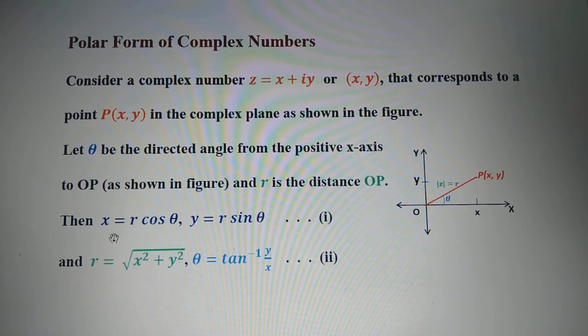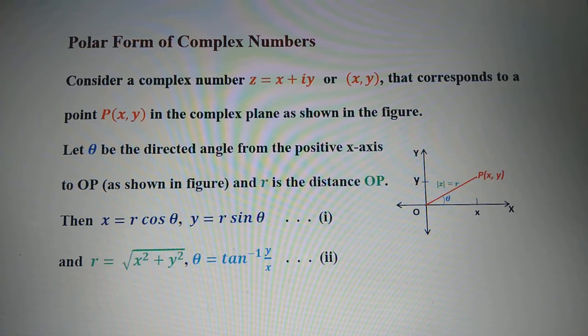So we have x equals r cos theta, y equals r sin theta, and r is equal to, if you square these two equations and then take the sum, x square plus y square equals r square cos square theta plus r square sin square theta. Taking r square common, x square plus y square equals r square into cos square theta plus sin square theta.